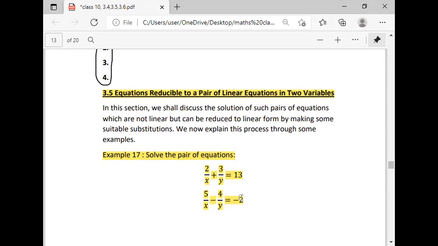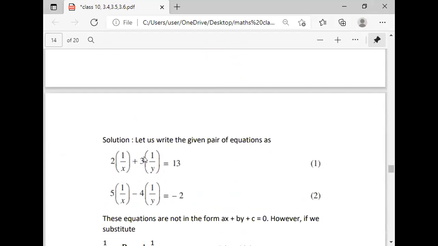The only step we have to do is write it like this: 2 into 1 by x plus 3 into 1 by y is equal to 13, and name it as equation 1, and 5 into 1 by x minus 4 into 1 by y is equal to -2, and we are naming it as equation 2.